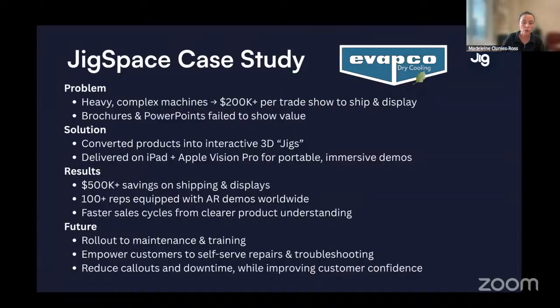They're now looking towards expanding their use of 3D and AR across training, replacement part identification, and operator support as well. So we've seen that that's quite a common flow for customer experiences, starting off in sales and trade shows, and then slowly branching out into training and maintenance using those exact same 3D CAD files. So that's a little bit about how one of our customers is using Jig.